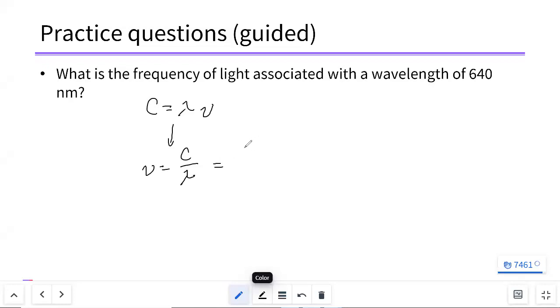Now, the speed of light is a constant, 2.998 times 10 to the 8th meters per second. The wavelength here, we are given 640 nanometers. Before we plug this into our calculator, one thing that we absolutely need to recognize is that these two units don't match up.